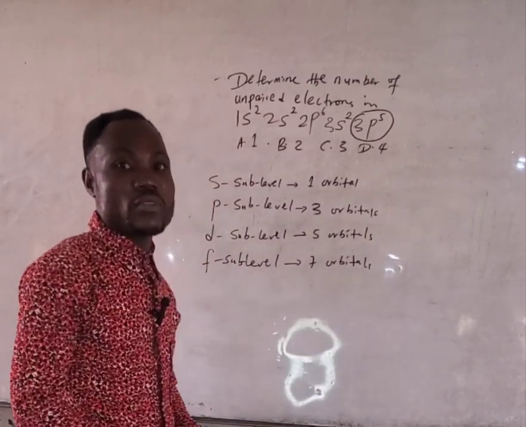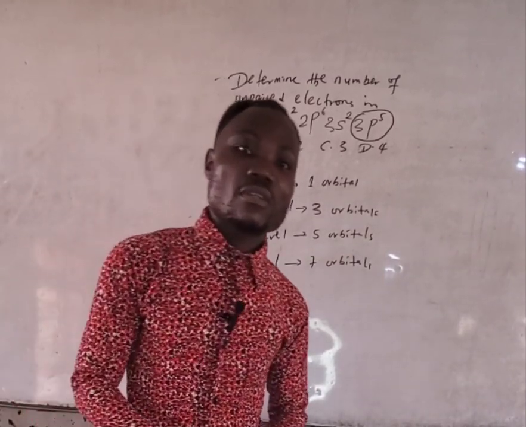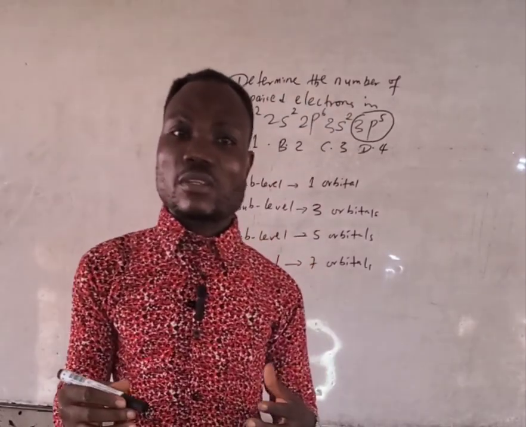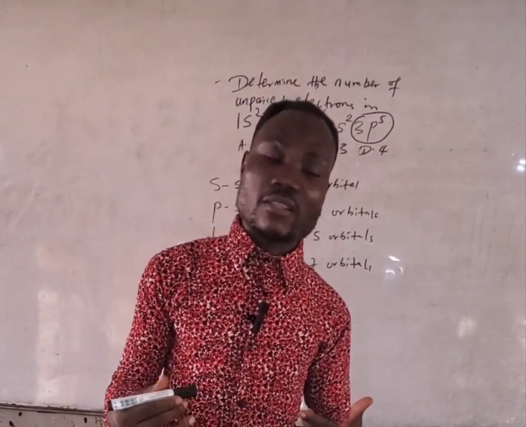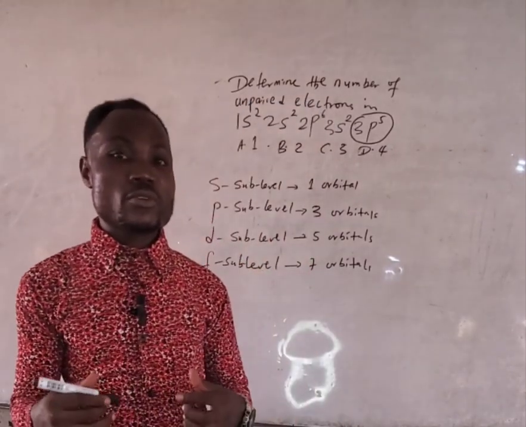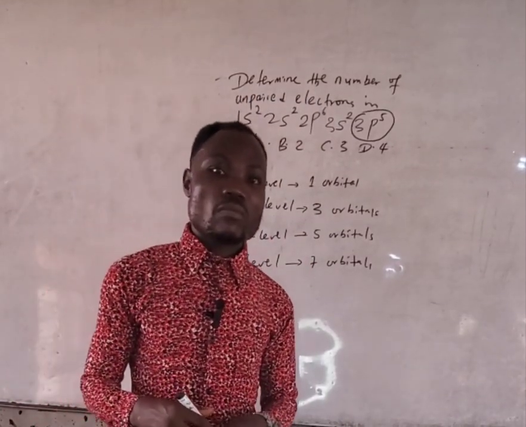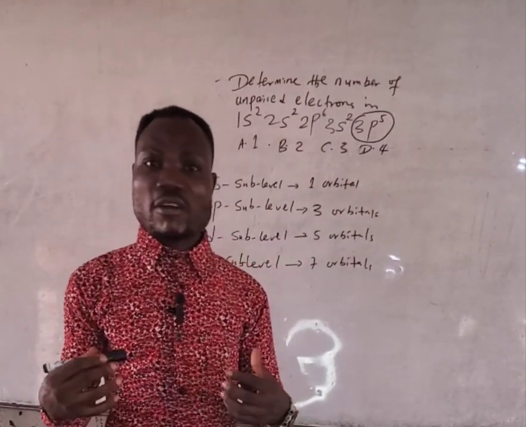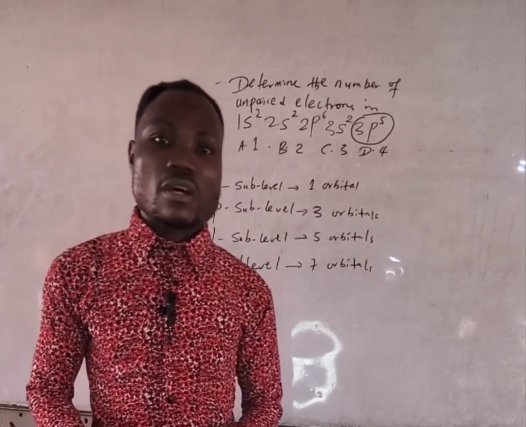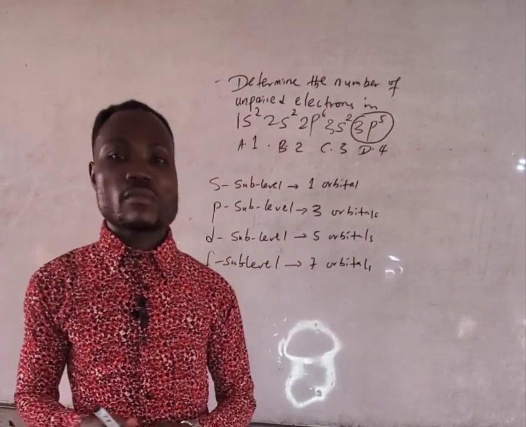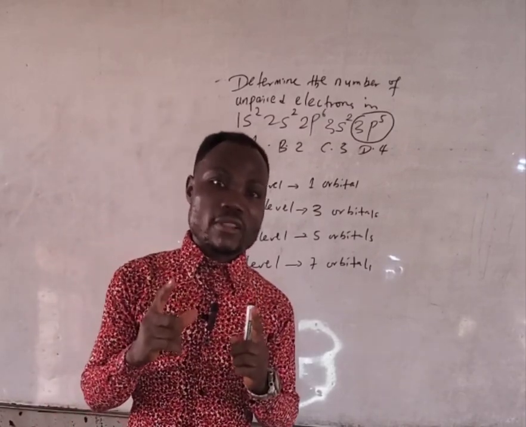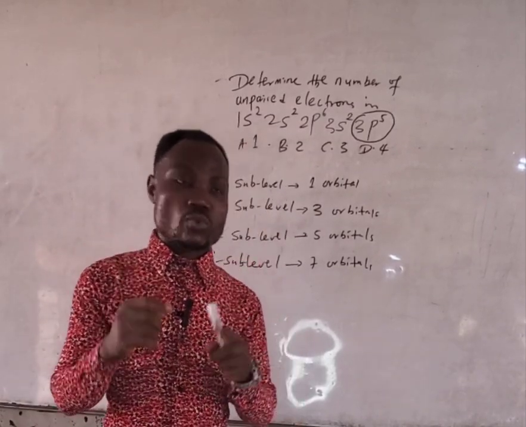An orbital is a region in an atom where there is a probability of locating or finding electrons. The region in an atom where there is a possibility of finding electrons. And the maximum number of electrons an orbital can hold is 2. The maximum number of electrons an orbital can hold is 2.